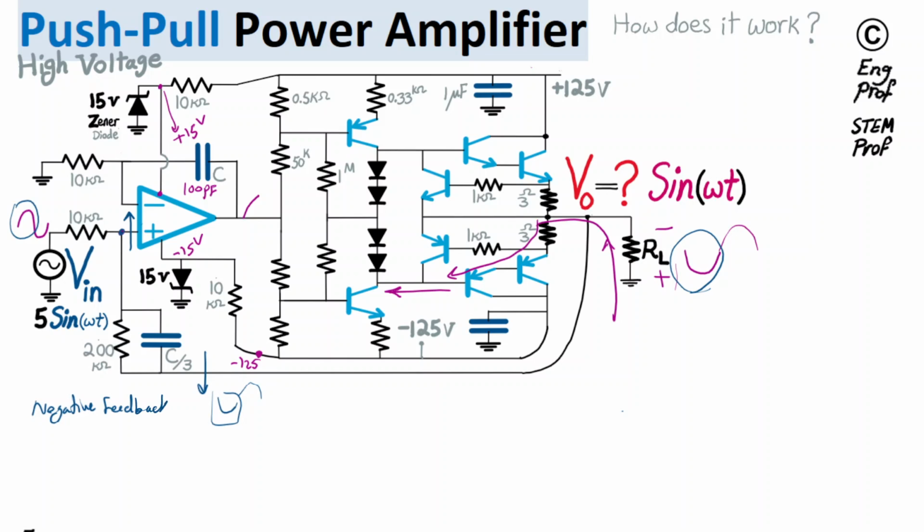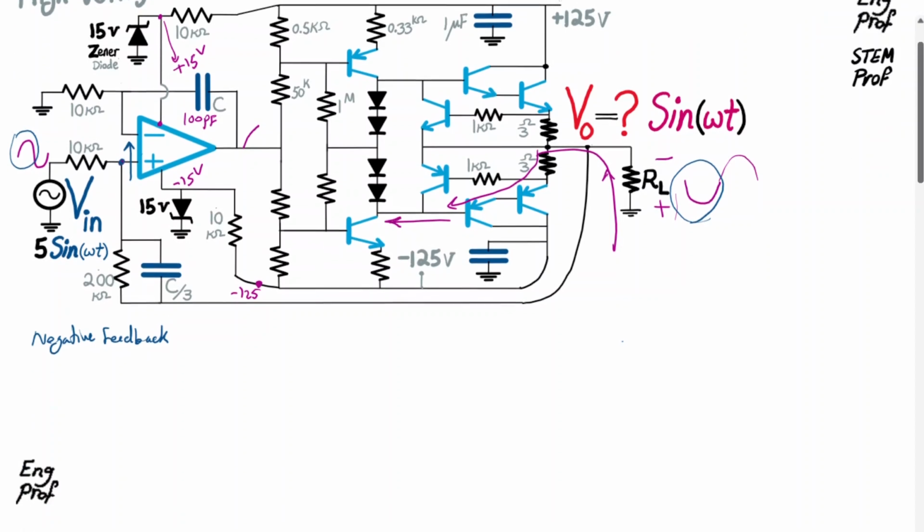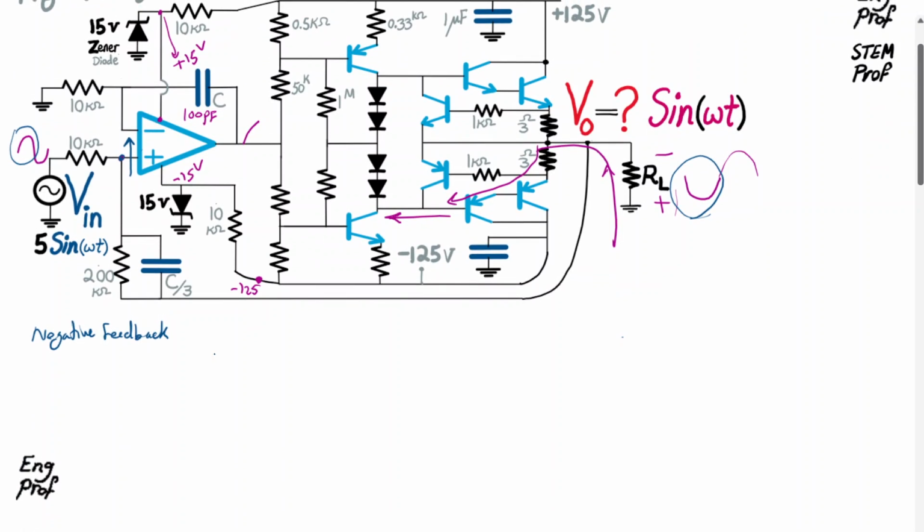Okay, now that we understand the overall big picture of the operation of the circuit, let me simplify the circuit this way. Imagine I have my op-amp, and then we have the connections like this. We have the 10 kilo ohm resistor, which I refer to as R, connected to ground.